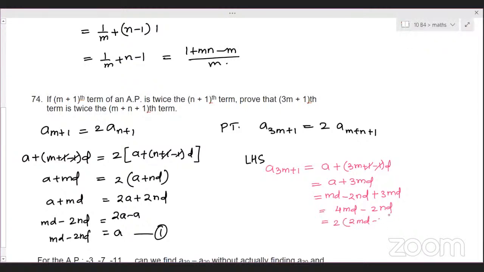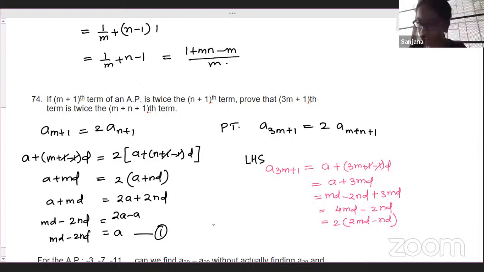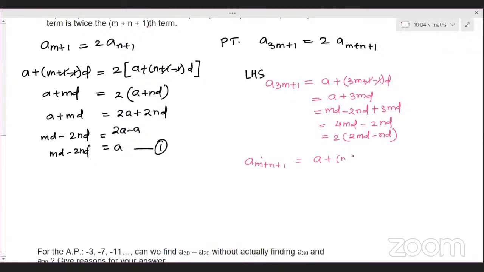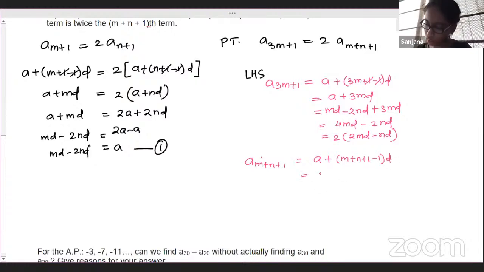Then the RHS is a m plus n plus 1, which is a plus m plus n plus 1 minus 1 into d. Substituting the value, it becomes m minus 2n into d plus m plus n into d, which is 2md minus nd.